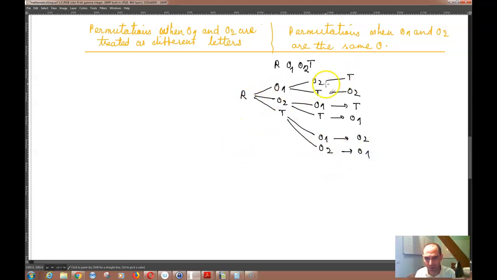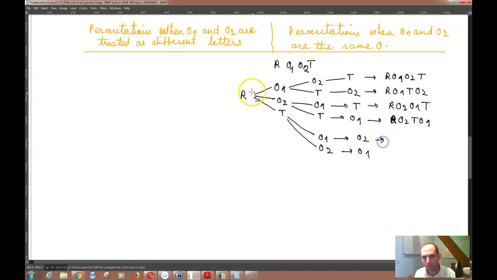So you have basically all of these words here as RO1, O2, T; RO1, T, O2; RO2, O1, T; RO2, T, O1.